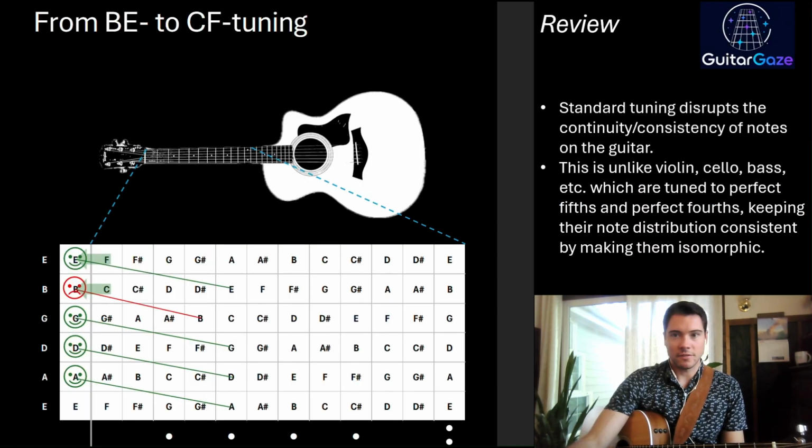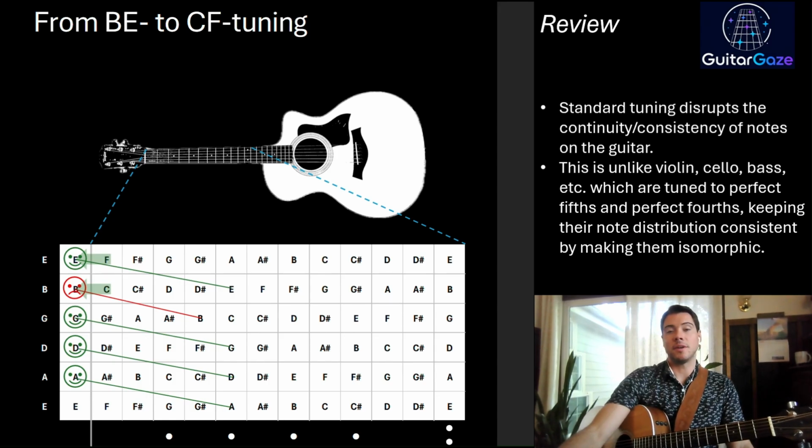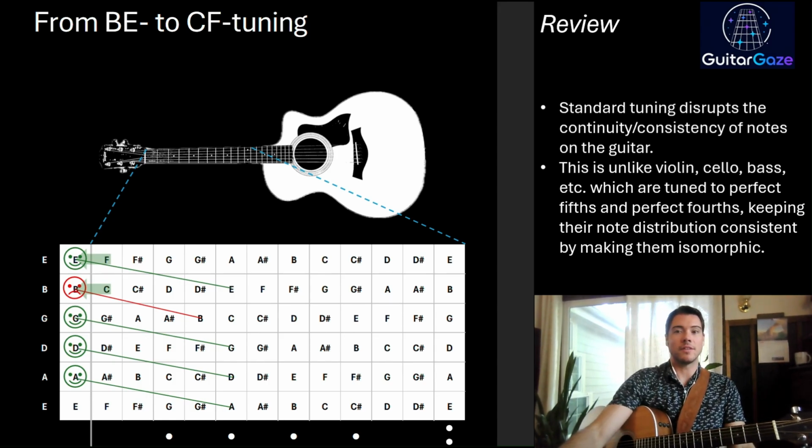So real quick, if this is your first time watching a video from this channel, there are a few important things that you missed in lessons 1 and 2 that you need to know for any of this to make sense. Important thing number 1: standard tuning disrupts the continuity and consistency of notes across the fretboard of the guitar.